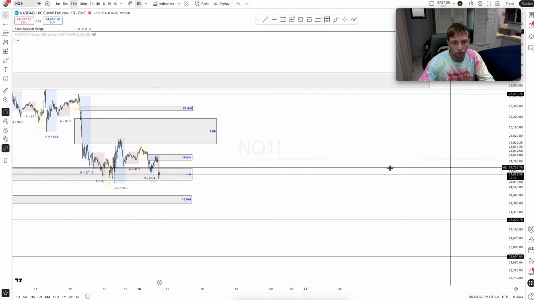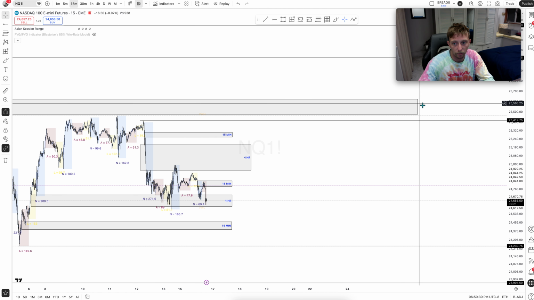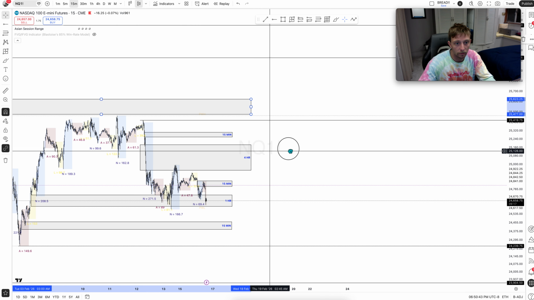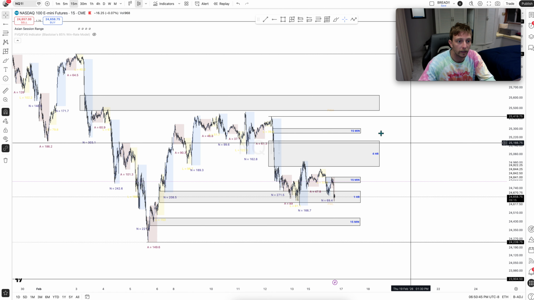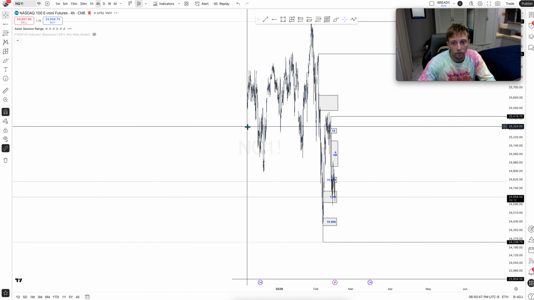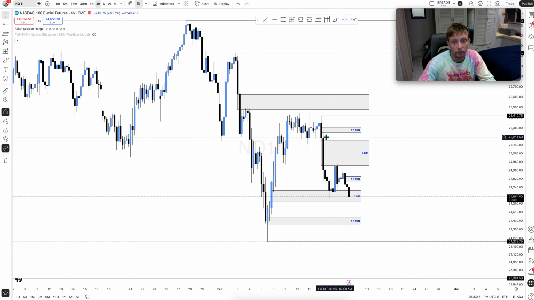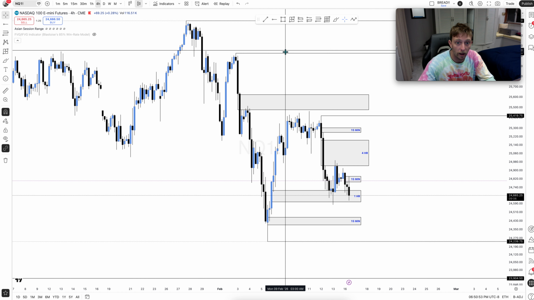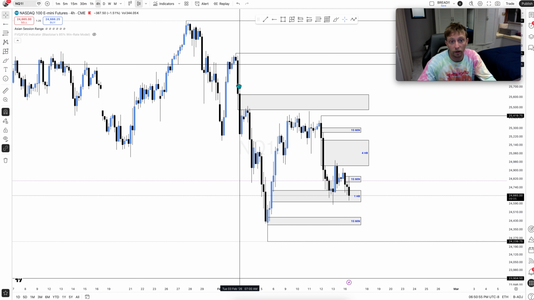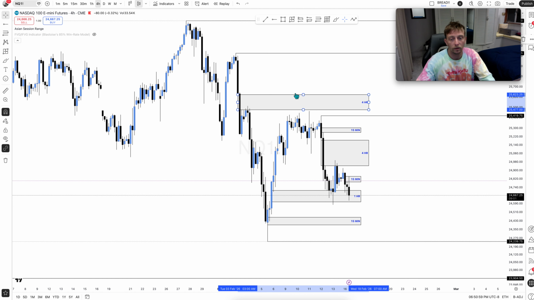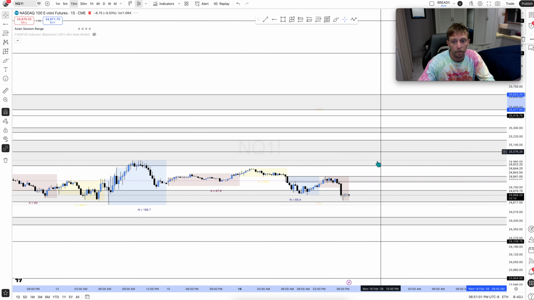And then also we have this bigger one up here. This is like the bigger 4 hour from above, but we'll see about that. That's if price wants to really rip up, take out this 4 hour and then target higher, but even then we got another 4 hour above. So that's it. That's really all I do is mark out these.